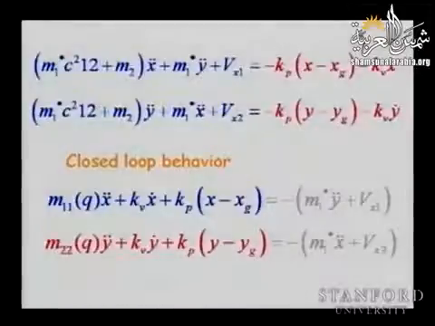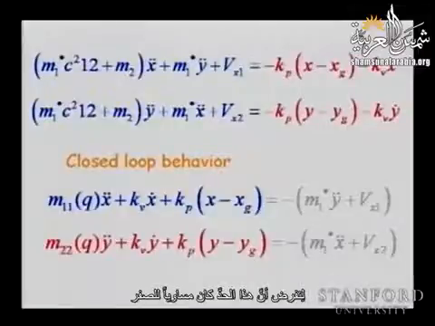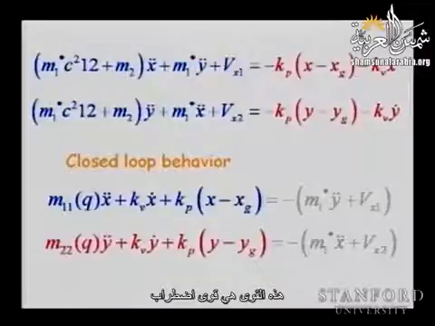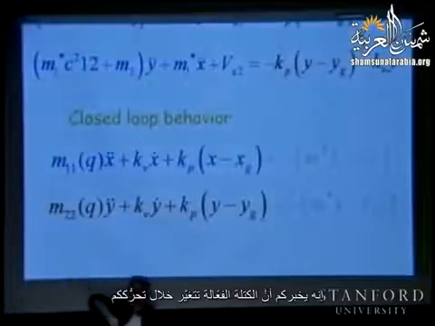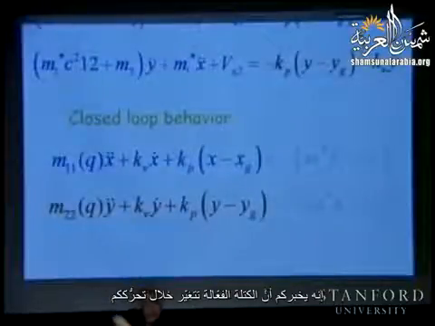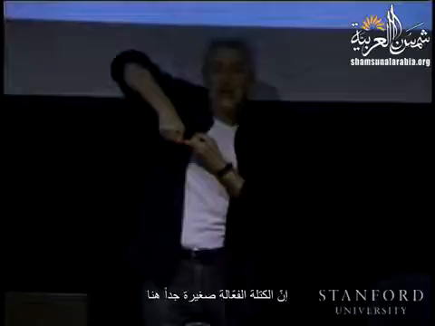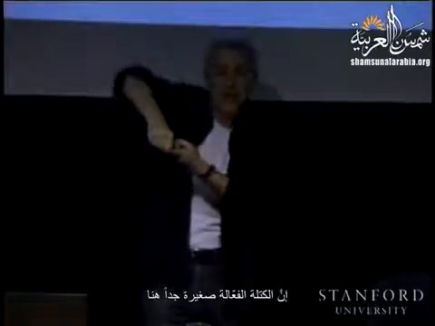In addition, suppose this was 0. These are disturbance forces, right? But what is this? It's telling you that as you move, your effective mass is changing. Your effective mass is very small here.